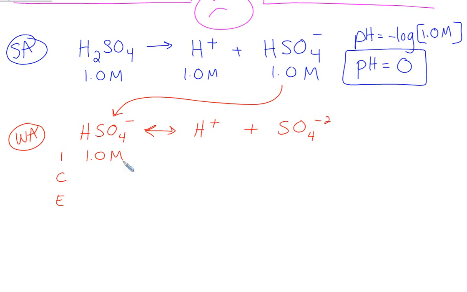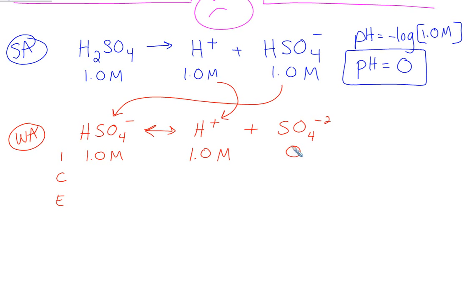What else do I have present? I do have some hydrogen from the first dissociation. So both products in this case are not 0. This guy's going to go in as 1 molar. But I do not have any sulfate ions yet. So I did have some products from the first dissociation. I already have a little hydrogen. Let's see how far forward this goes.